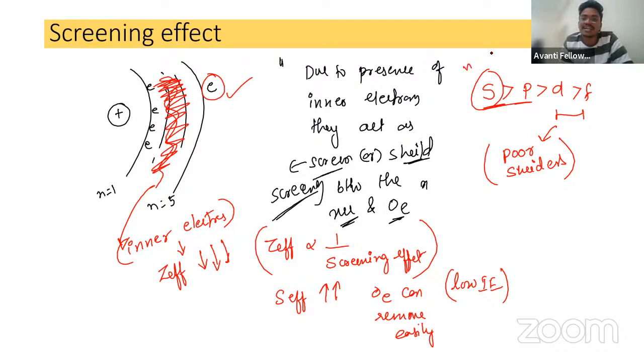Because they are near to the nucleus and they are spherical in shape. The boundary surface plots of S and P are very near to the nucleus and they easily block the outer electrons and reduce the force of attraction between the nucleus and the outer electron. I hope it is clear to you all.